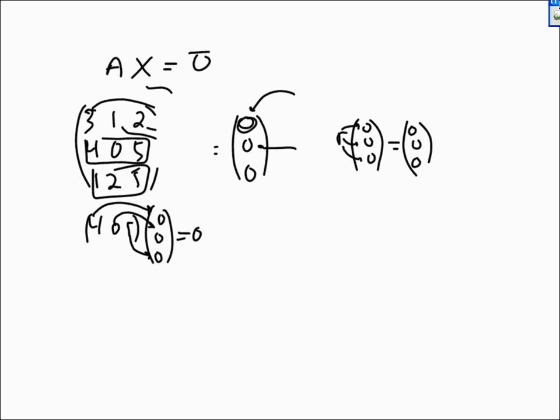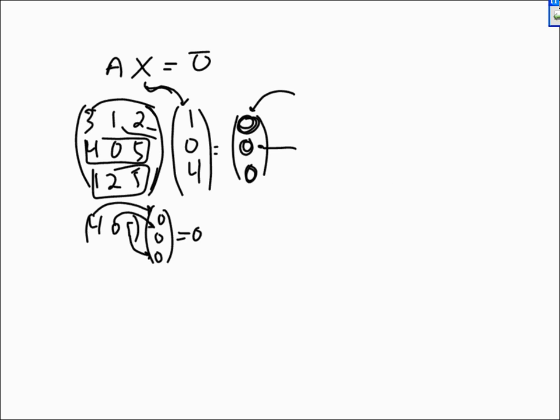If it turned out that this matrix times 1, 0, 4 equals 0, 0, 0, that is, X equals 1, 0, 4 is a solution, well, that's a non-trivial solution. And once you have a non-trivial solution, you can generate a whole host of other solutions.